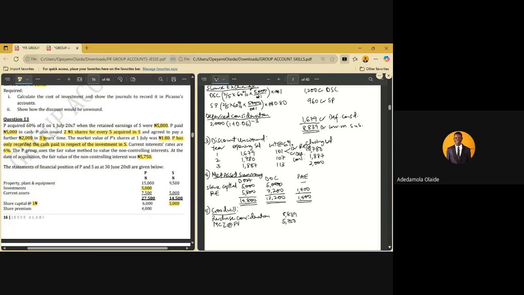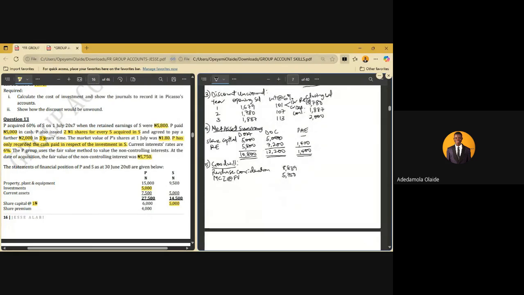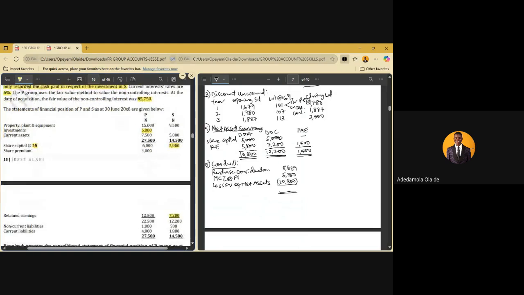So if NCI fair value is 5,750, we can now say less fair value of net assets, which is how much? 10,800. And with that, what do we have as the goodwill? It did not tell us of any impairment, so we'll leave it at that.